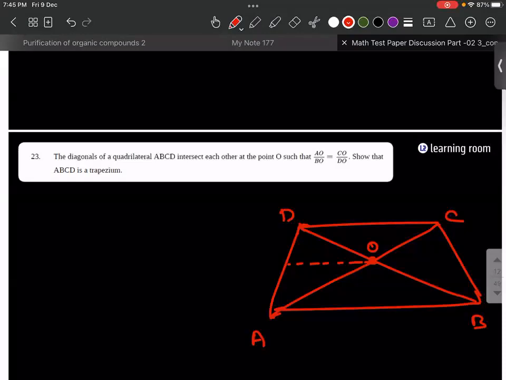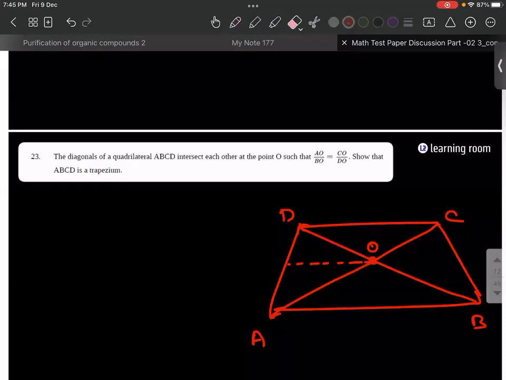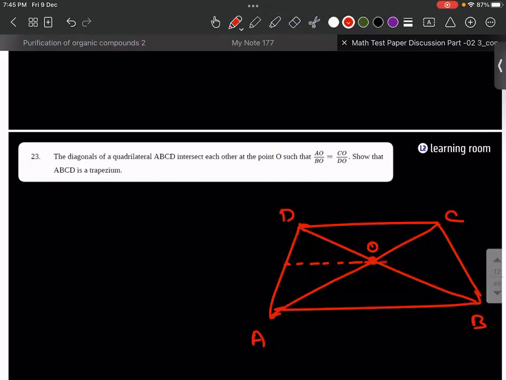Yes, sir. Okay, tell me what are we supposed to do? I took OE and joined it to BC, parallel to CD. Okay. So in triangle BDC, okay, in triangle BDC.